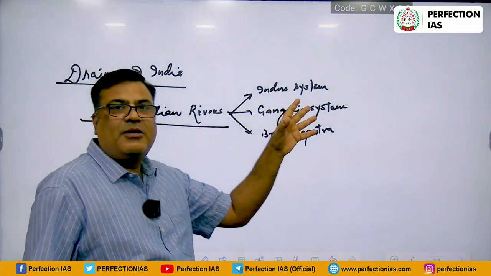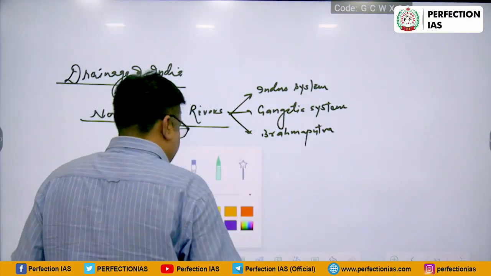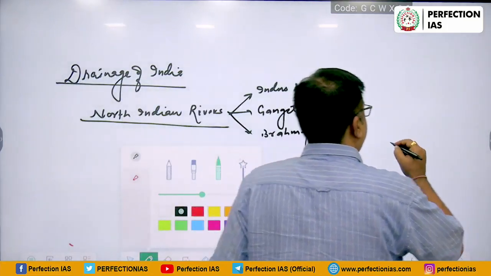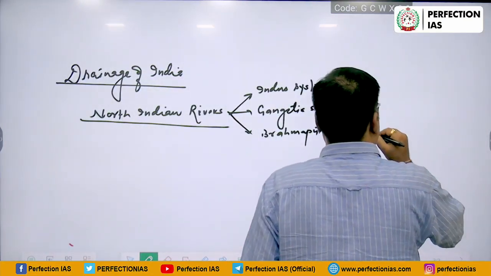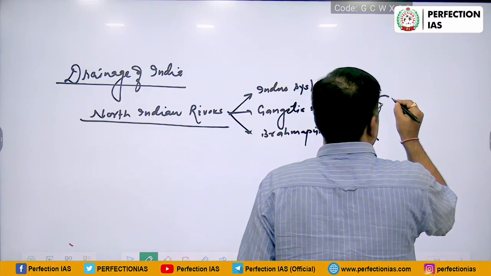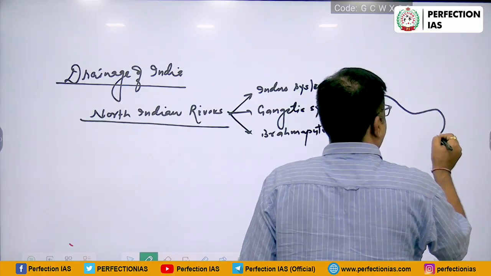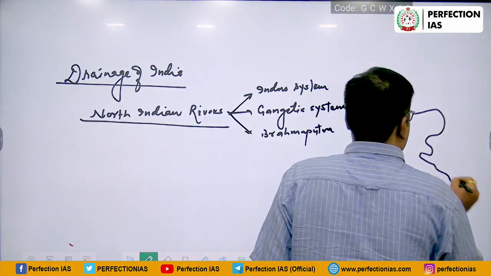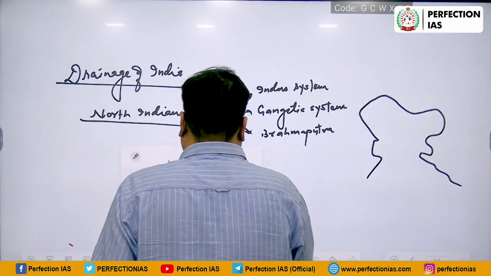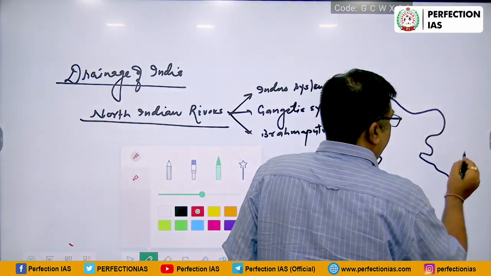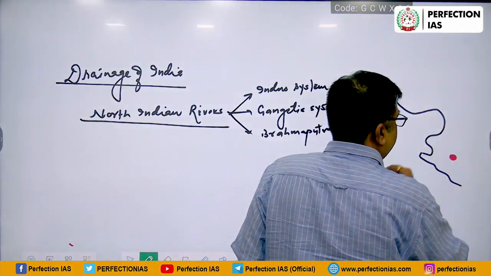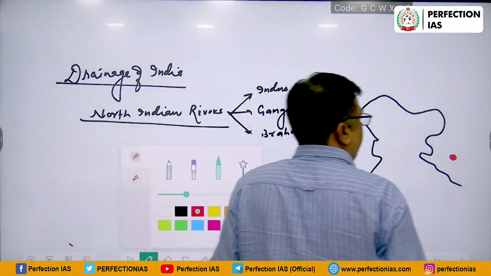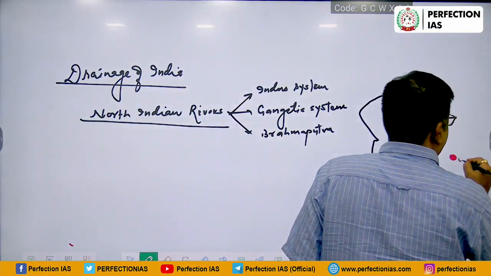In Indus system, once again we learn this. I just want to highlight how one should learn. Up there you see, this is Jammu and Kashmir, and here there is a place, and the name of this place is Lake Mansarovar.